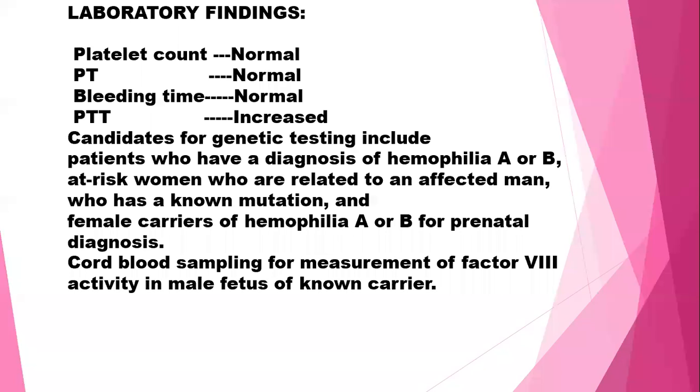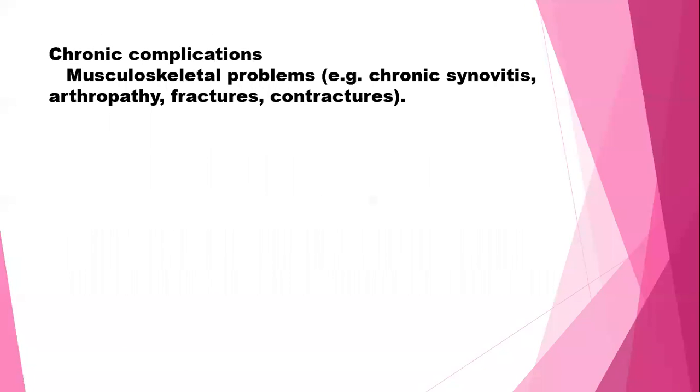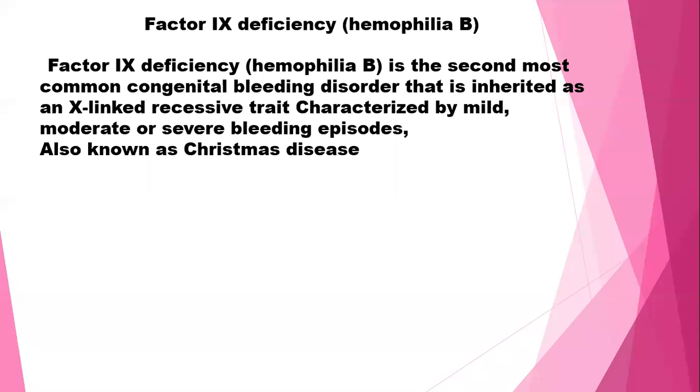Cord blood sampling for the measurement of factor VIII activity in a male fetus of a non-carrier. Chronic complications of the disease: musculoskeletal problems, chronic synovitis, arthropathy, fractures, contractures.